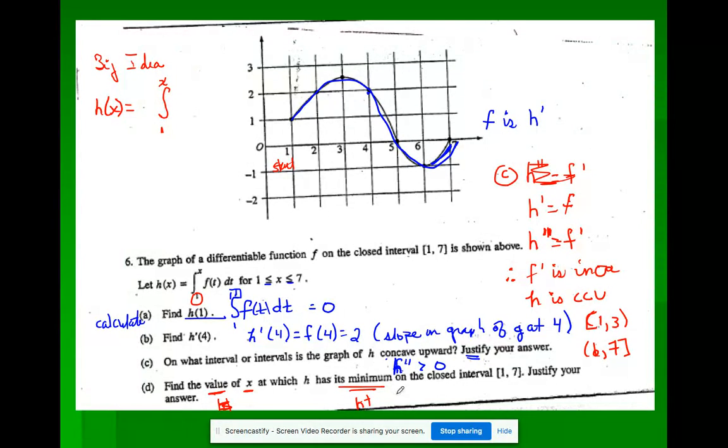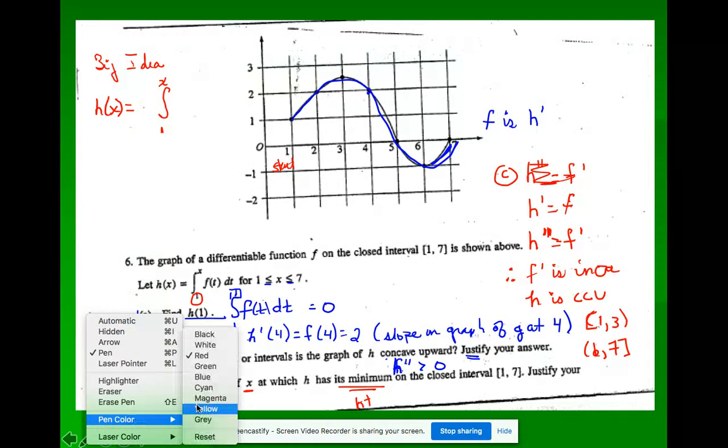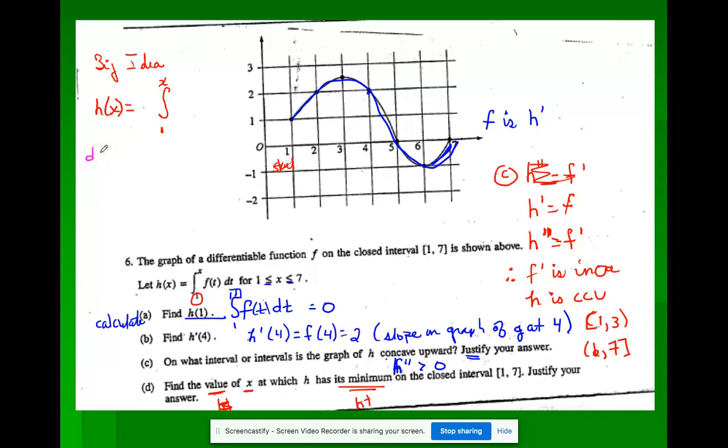So I'm going to go up here and answer D. Suspects for absolute min: endpoints.